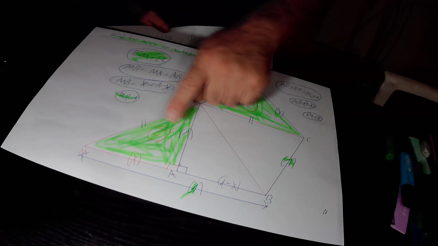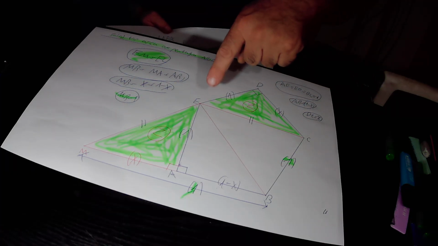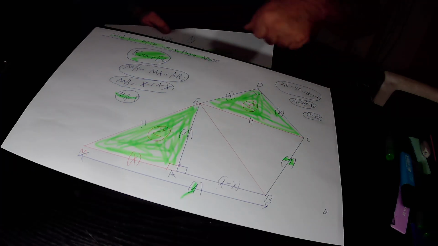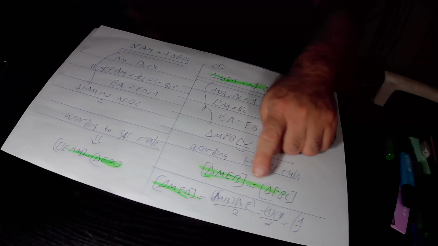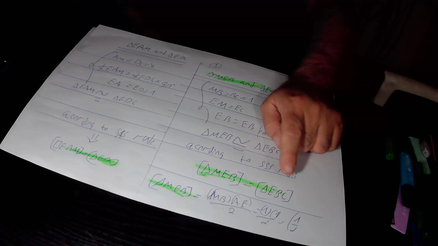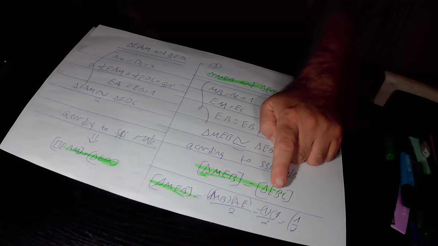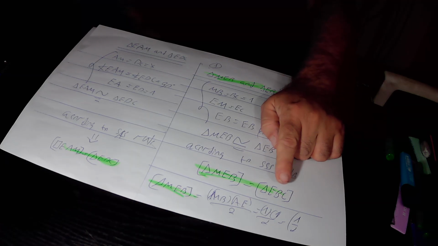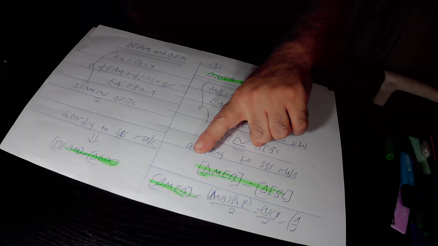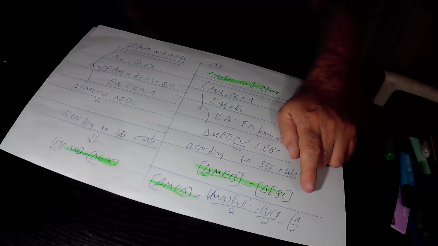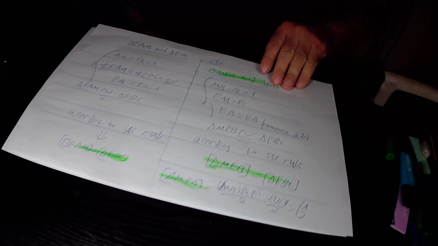And we already found that MB equals 1, and EA is also equal to 1. And we have to divide it by 2. 1 times 1 is 1, so the area of the big triangle MEB equals 1/2 square unit in size.